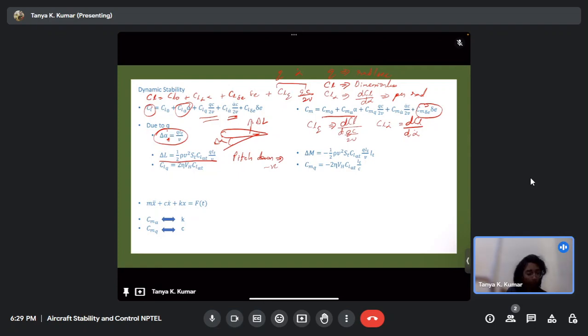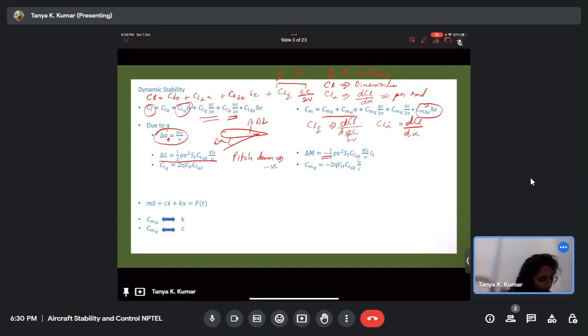It will produce a pitch down, which is why you have this negative sign here. Do not get confused about why the negative sign came: the increase in lift of the tail produces a pitch down moment. Let me write that properly.